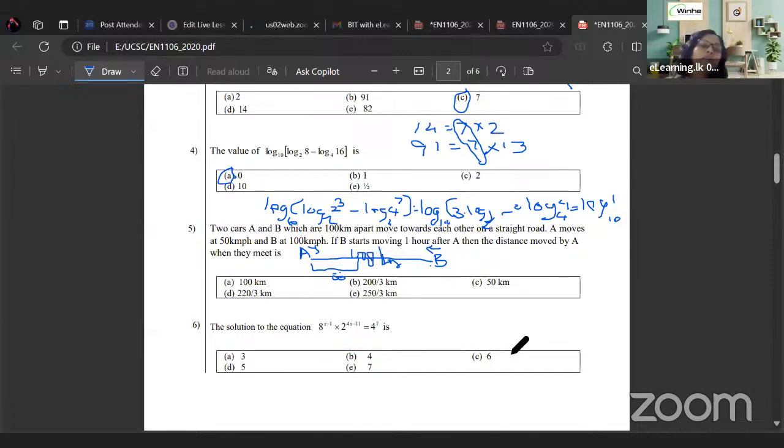Then it asks when they meet each other, how far has A traveled. They are on the two sides, and how far A has come when they meet, right?